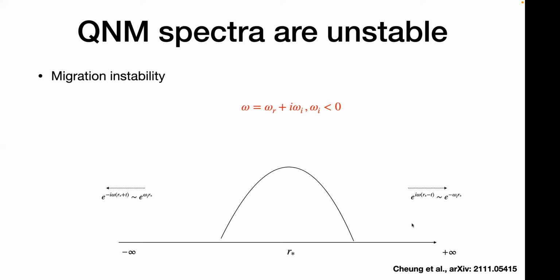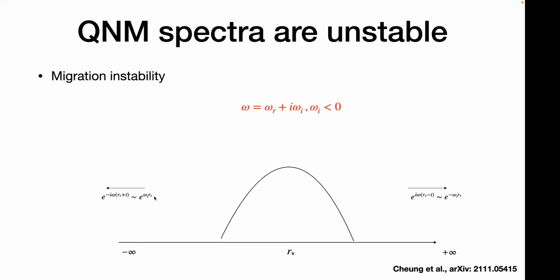Here we are interested in its radial behavior. The radial part can be written as e^(-ω_I r*) at infinity, where ω_I is the imaginary part of the quasi-normal frequency, which is negative. Near the horizon, we have e^(ω_I r*).